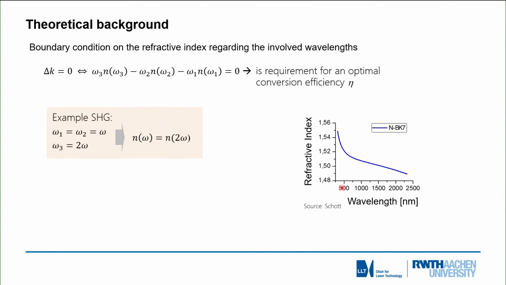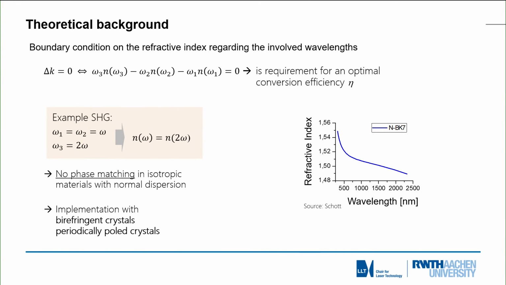If we change from 1 micron to 500 nanometers, you immediately see the difference. So the material will treat those two waves differently. There is generally no phase matching in isotropic materials that have a normal dispersion. As a consequence, we need to get around this by a trick.